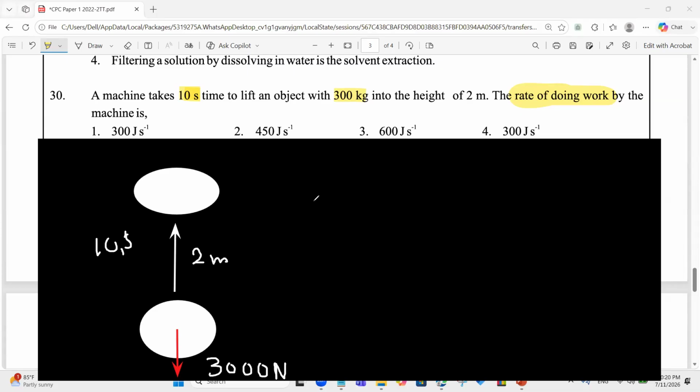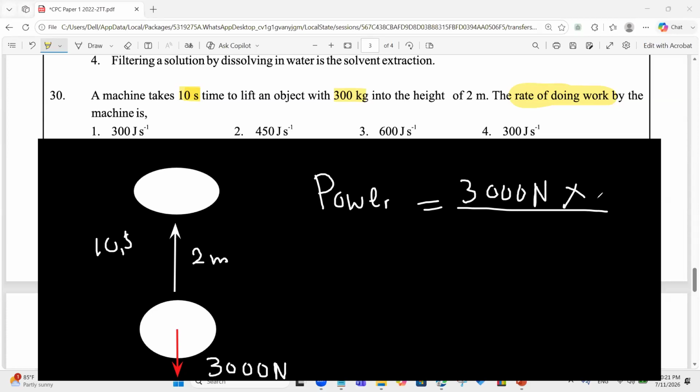To find the power, or the rate of doing work, you write the equation. For the MCQ, it's not necessary. Power equals work done over time. Force is 3000 newtons, multiplied by the distance moved in the direction of the force, 2 meters because it's lifted upward.